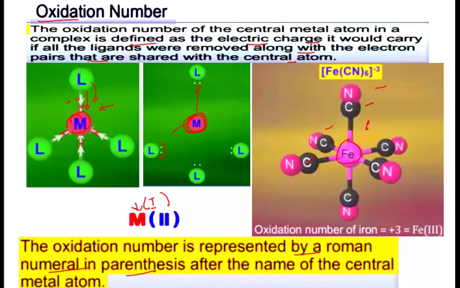We have to calculate the oxidation number on the central atom. So for that we have to remove the species which is attached, that is cyanide. So the oxidation number comes out to be 3. How does it come? We have to again assume the same. Fe, then CN. Now CN is monodentate or bidentate? You have to remember that.